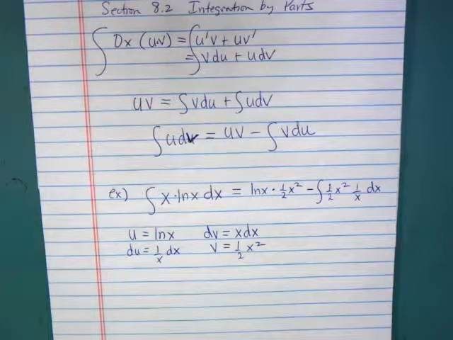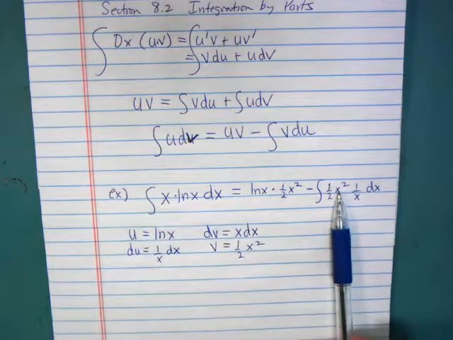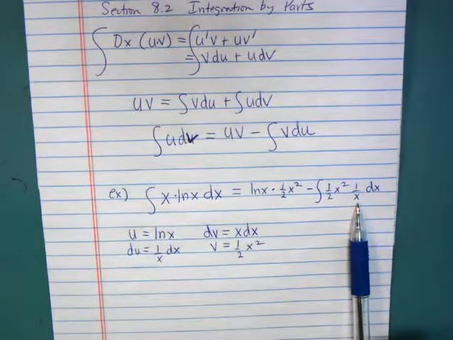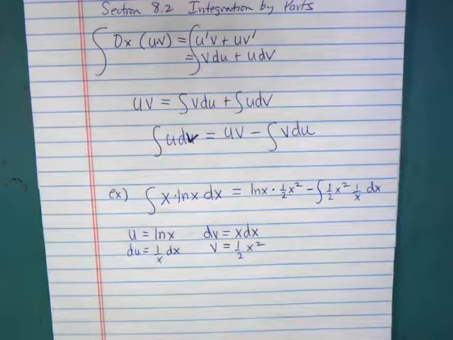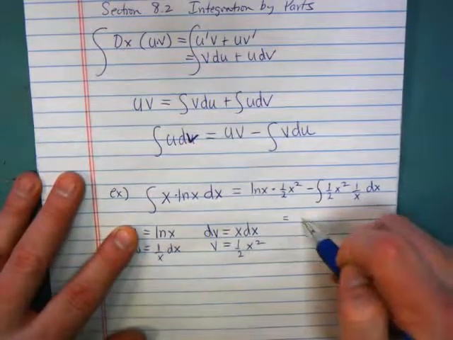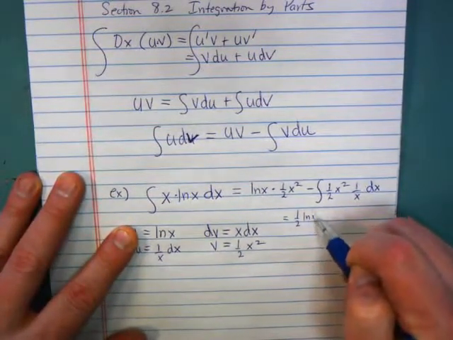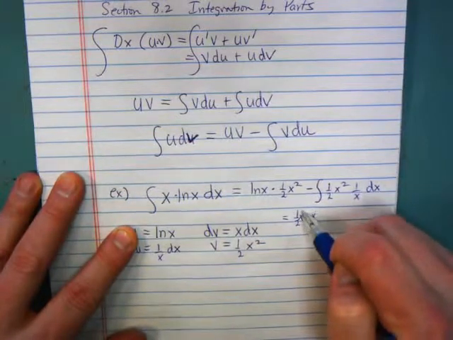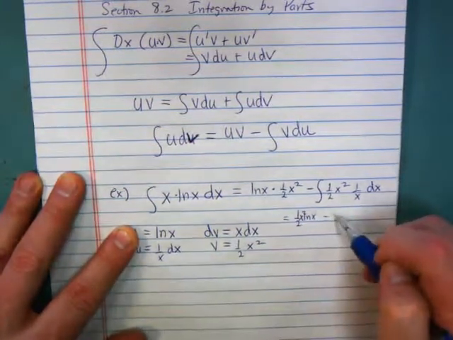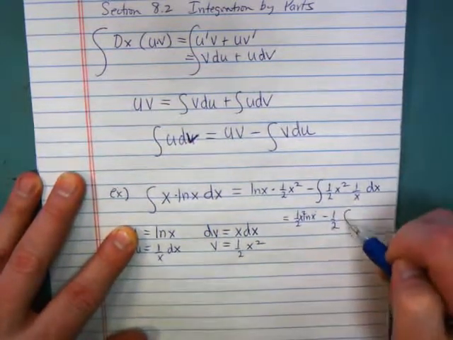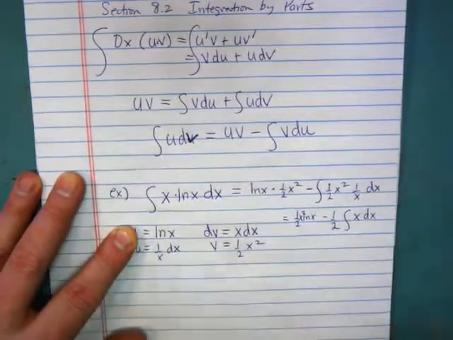I'll give you a hint, it's not a u substitution problem. X squared divided by x is just x, isn't it? So you simplify there. So this is 1/2 x squared ln x, minus, I'm going to take that 1/2 out and simplify inside.